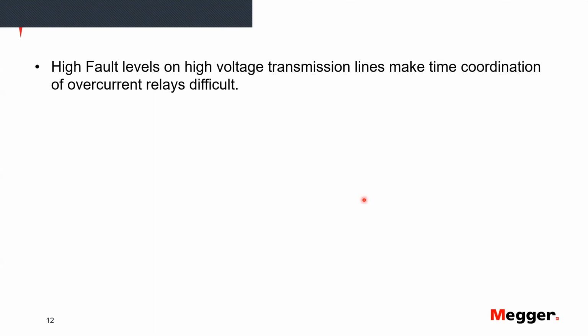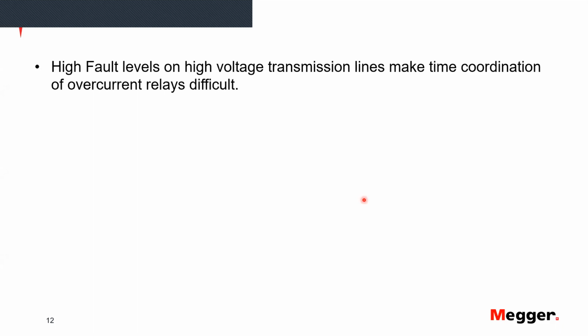There, my colleague David Beer talked about the high levels of current that circulate on lines and how you do the coordination between different protection devices along the line when using time-based coordination and using only the current levels.